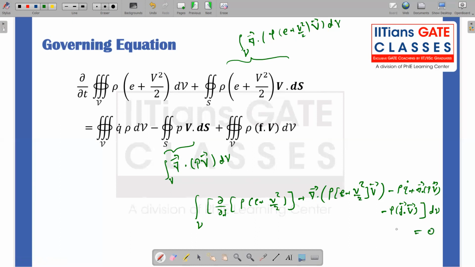So again, the integrand has to be 0 to satisfy this equation.